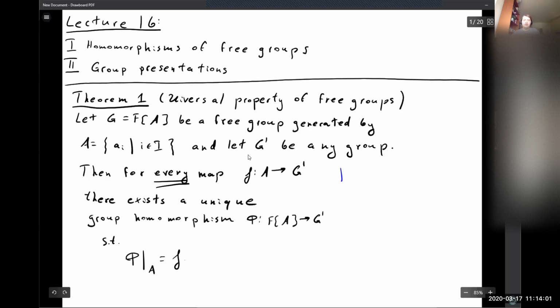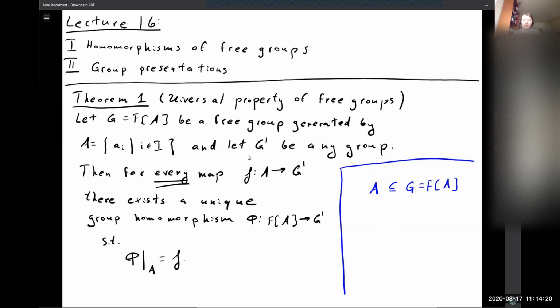So this can be summarized on the following diagram. So suppose we have A, right? And that's a subset of our group G, which is a free group generated by A. And what we can say is that if we have any possible map f to a group G prime, then this map uniquely extends to a group homomorphism phi.